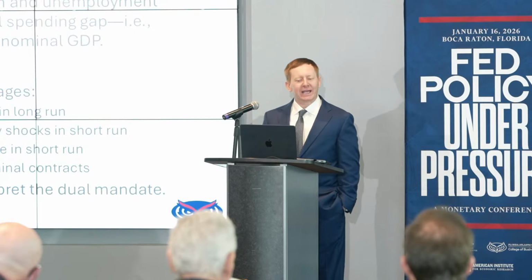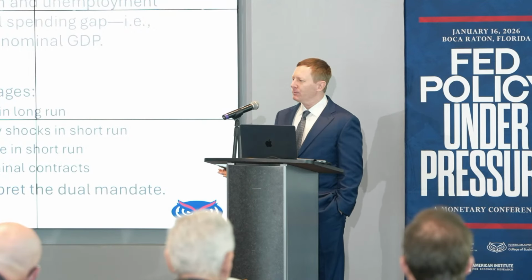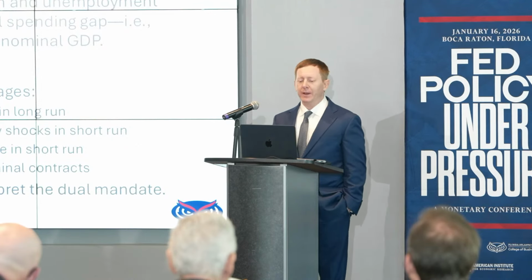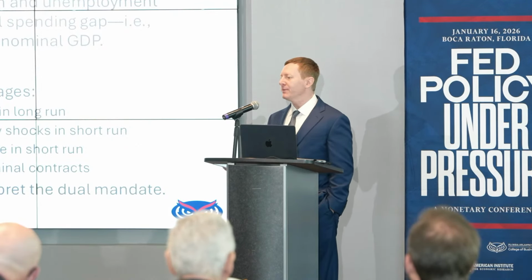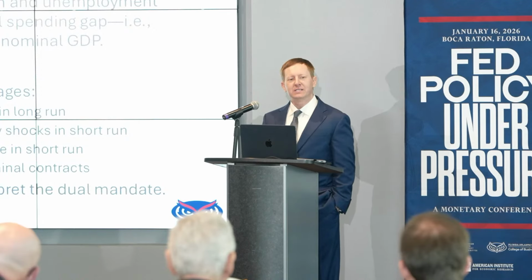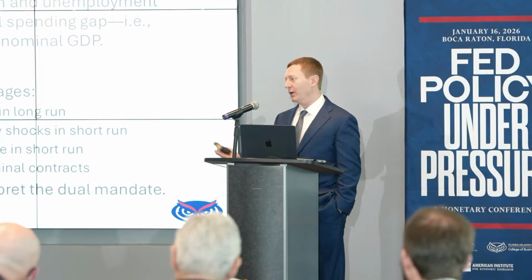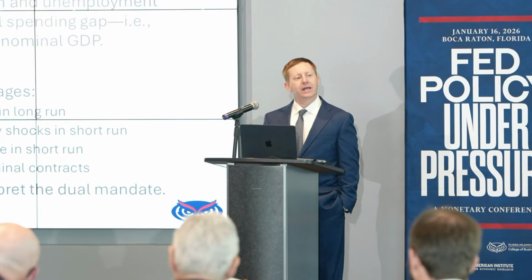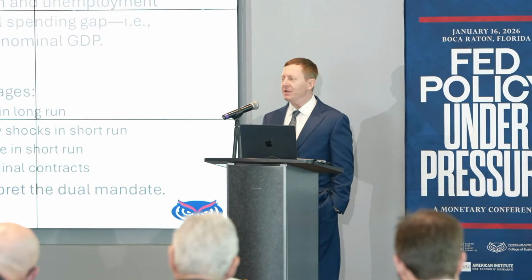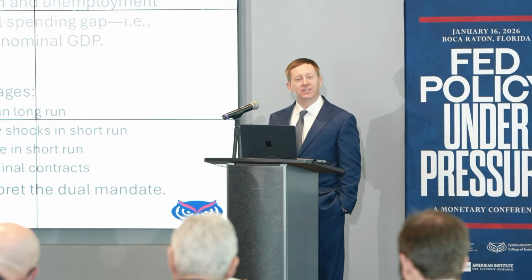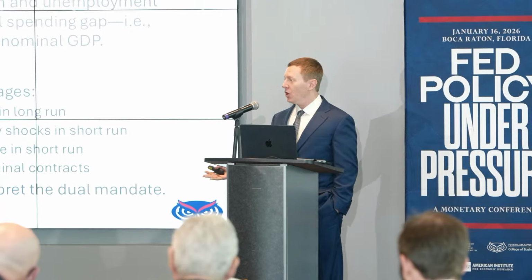But there is another way. Rather than targeting an average of inflation and unemployment, an average of those gaps, a central bank might target a nominal spending gap. That is, the difference between actual and desired nominal spending, or nominal GDP. And it turns out that targeting nominal GDP has several advantages. It lets the central bank achieve its desired inflation rate in the long run.